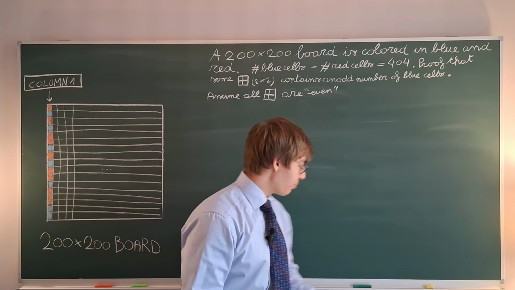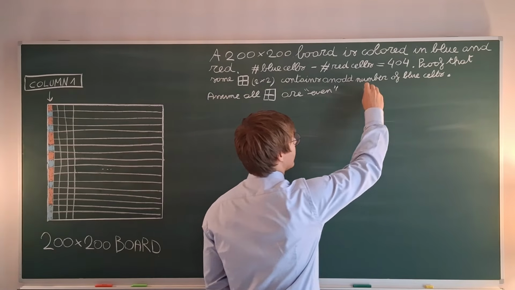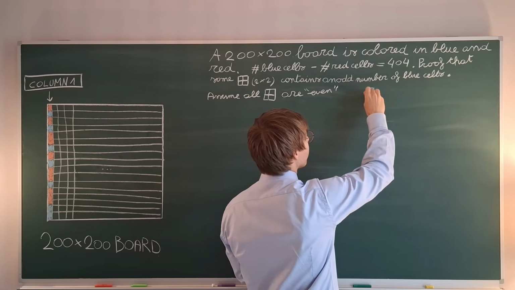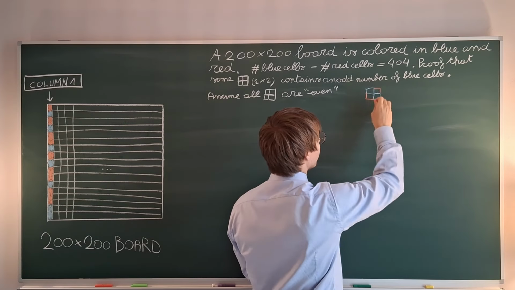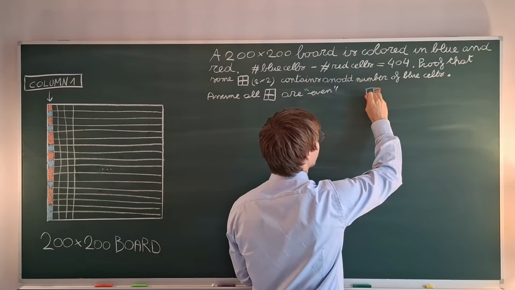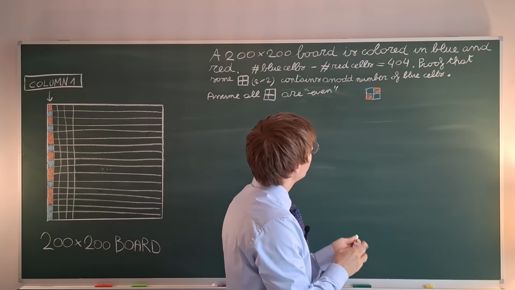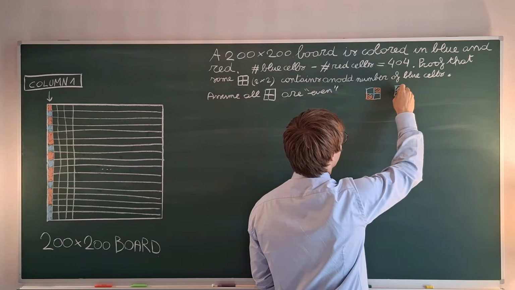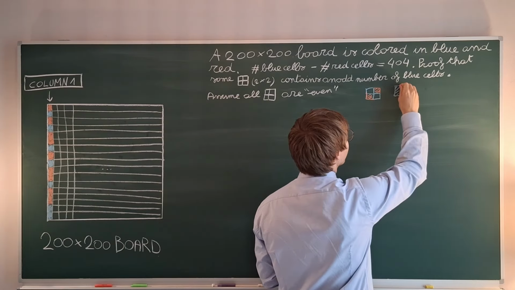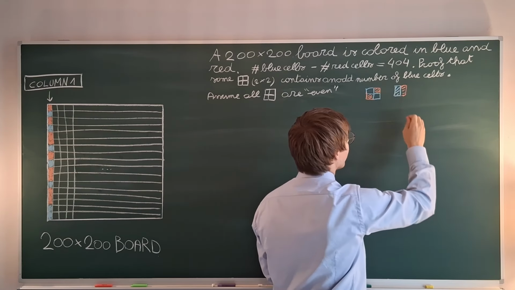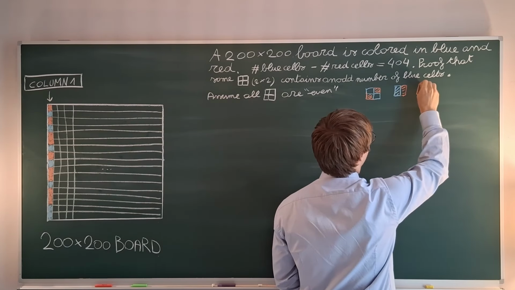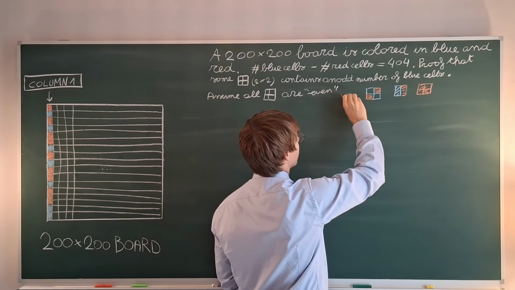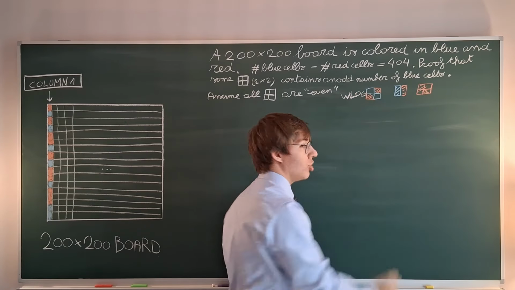So that leaves us with two options, because without loss of generality it is either this one, so these red and these blue, or it is this one, or it is just one colored. That are the only three options without loss of generality.